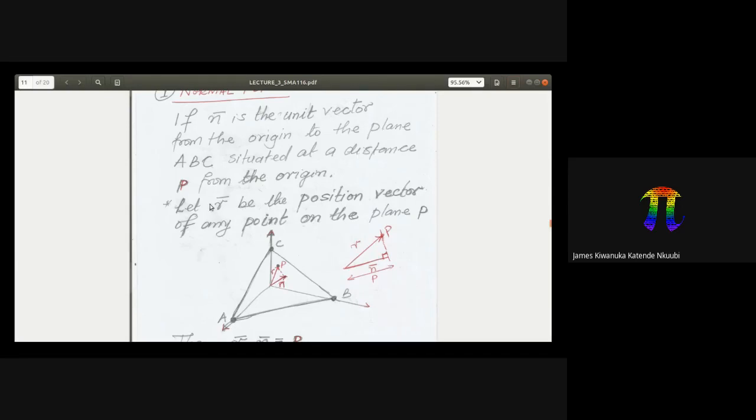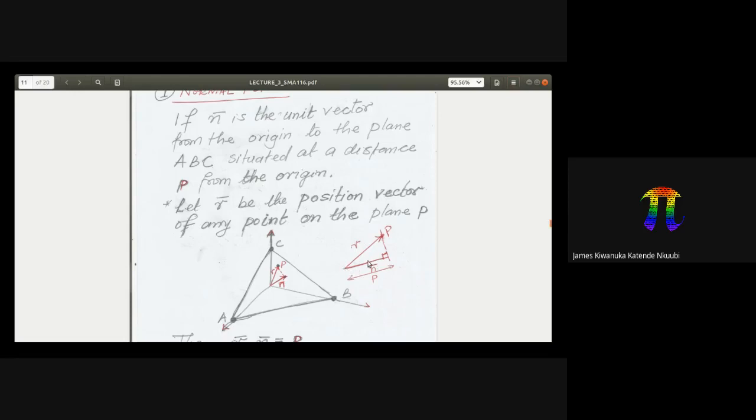Make sure you go to that part of the video and get this explanation correct, because what is appearing in the notes is not the correct explanation, because it says the unit n is a unit vector from the origin to the plane. But that is not correct. It's just a unit vector in the direction of a vector that is normal to the plane. So you have a vector that is normal from the origin to the plane, and n is just the unit vector in that direction.